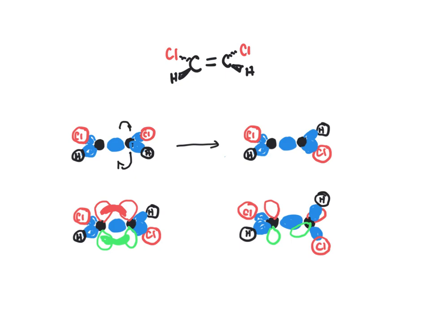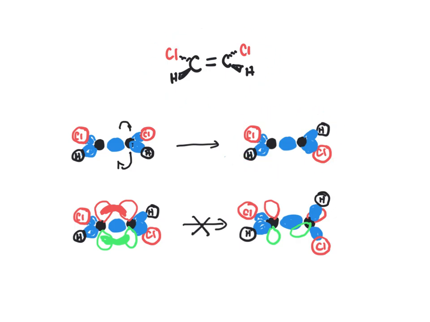So since this rotation is not allowed because I have that pi bond, which would have to break, if I have the chlorines in the back here and the hydrogens in the front, I can't simply rotate this around and put the chlorine here and the hydrogen there like I've drawn here.